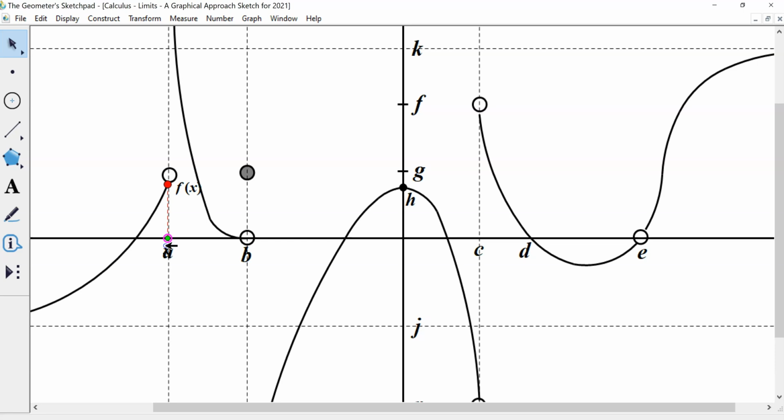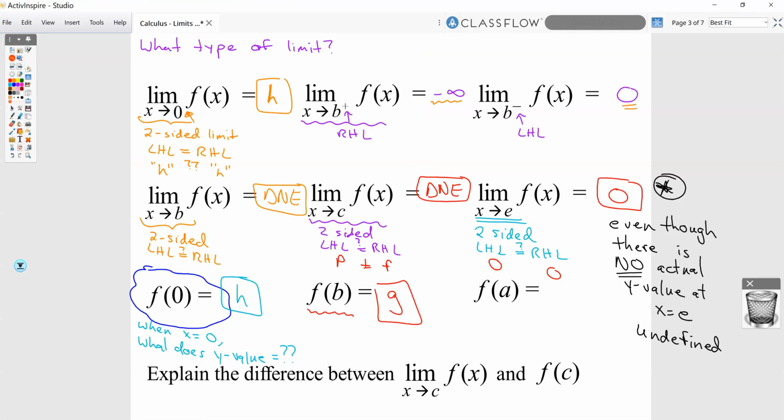There's no y value there. So when x is exactly equal to a, I do not see a closed circle anywhere on the graph. So remember, our dotted line is showing us what's happening exactly at x equals a. Since you're not seeing a closed circle anywhere, then we would say the point is undefined.